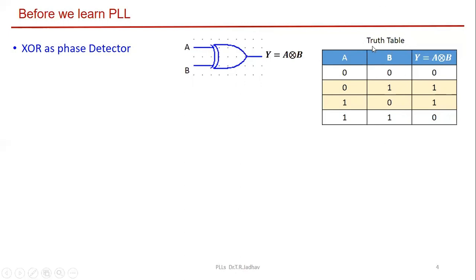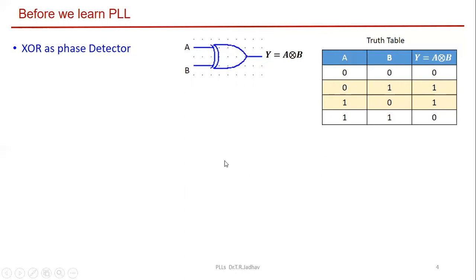Here you find the truth table of the XOR gate. For 0, 0 inputs, the XOR output is 0. For 1, 1 also, the XOR output is 0. Only for the highlighted cases, where you have two dissimilar inputs, the output of the XOR gate is always 1. So for the 0, 1 and 1, 0 cases, the output is 1.